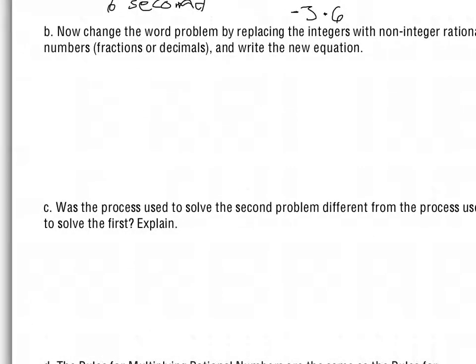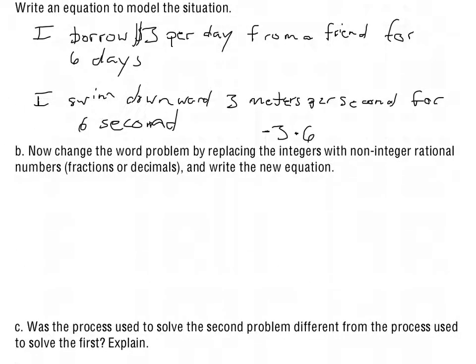Alright, now I want you to take your word problem and just ever so slightly change it. Replace the integers with non-integer rational numbers, fractions or decimals. So just a quick change on yours. For example, for my problem, I might say I borrow $3.50 per day.